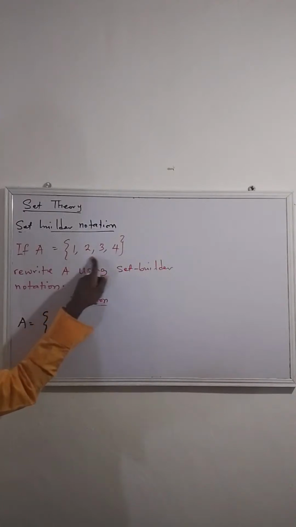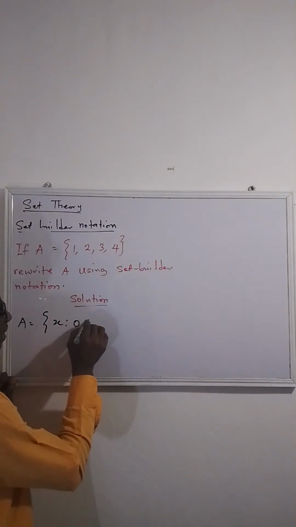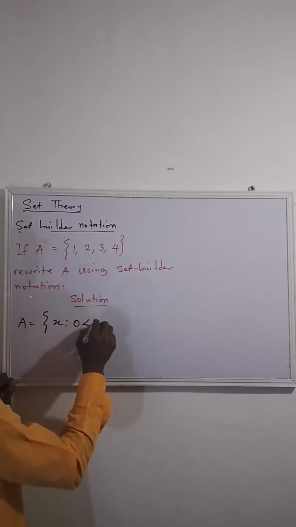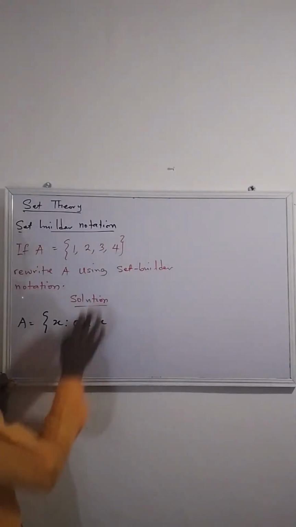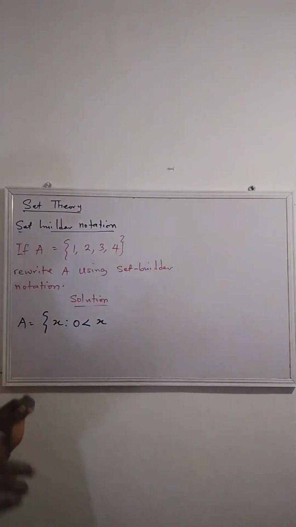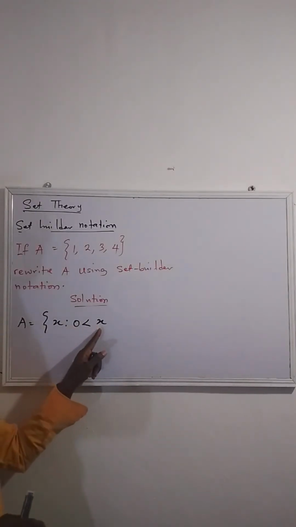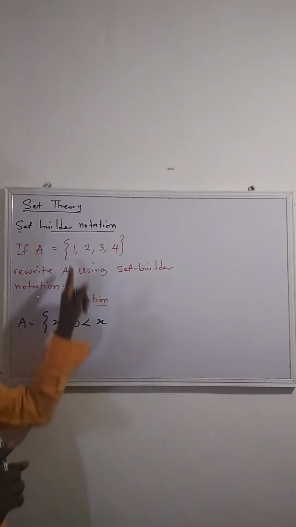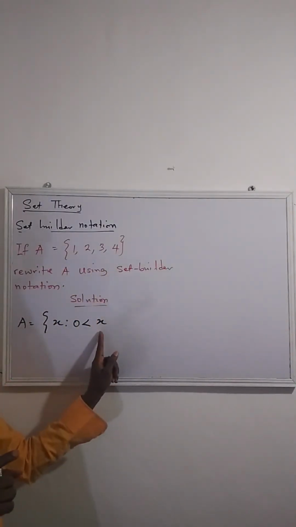If 0 is less than all of these numbers, so that means set of x such that 0 is less than x. So all of these numbers are represented with x.